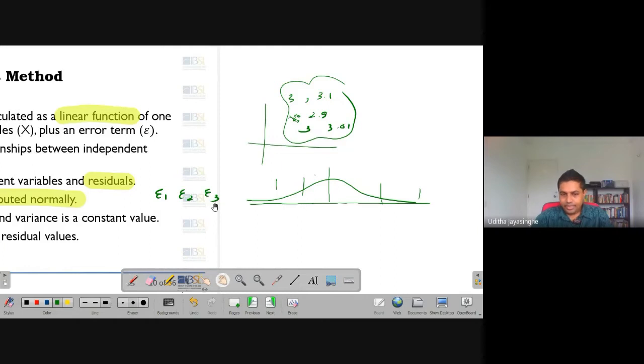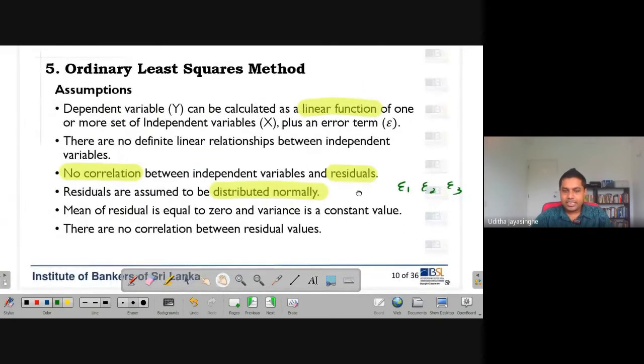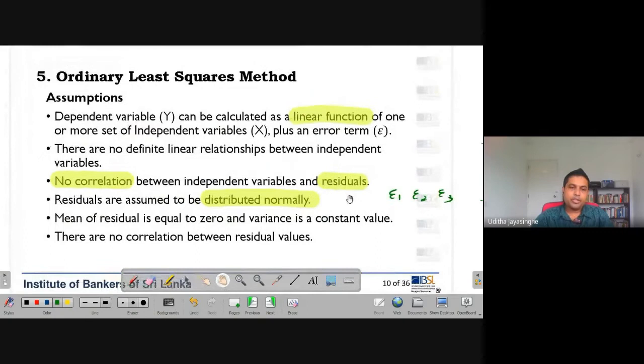If that is the nature of the error distribution, we are again going to call it a good OLS output. But if it is not the case, then we are going to say no, it's not a good line. Next one: mean of residual is equal to 0 and variance is a constant value.